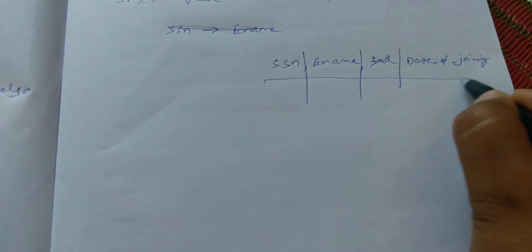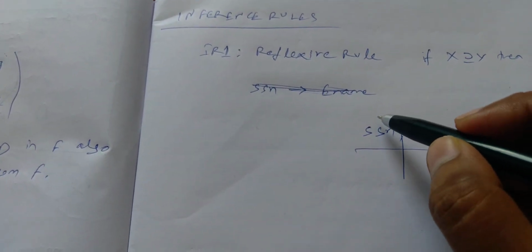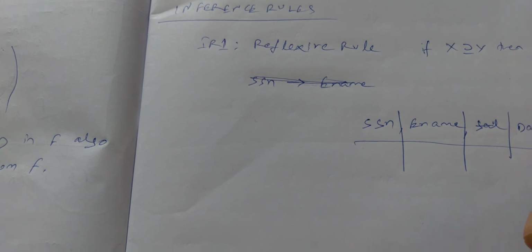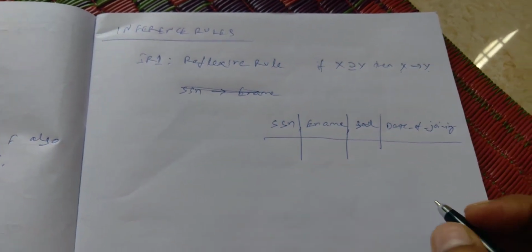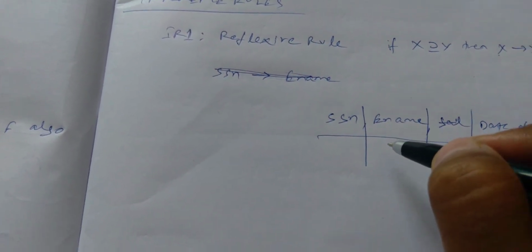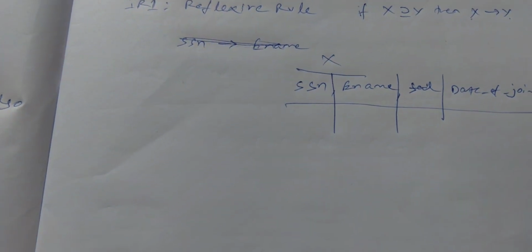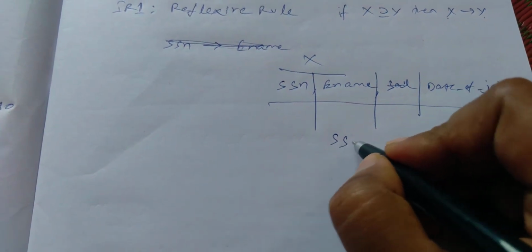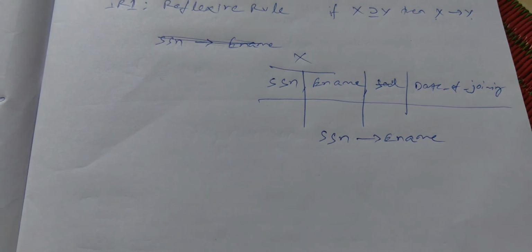These are the four attributes in a relation. Say this is X. In this case I can say SSN determines ename because Y is a part of X itself.